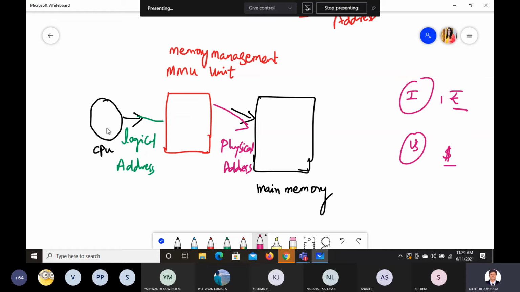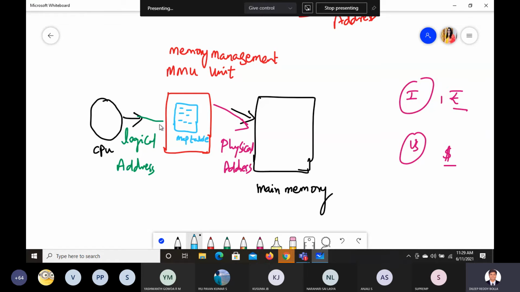Like that, the CPU will use the logical address and the main memory will understand only the physical address. Now the memory management unit will have a table, called the memory table, or let us say the map table.